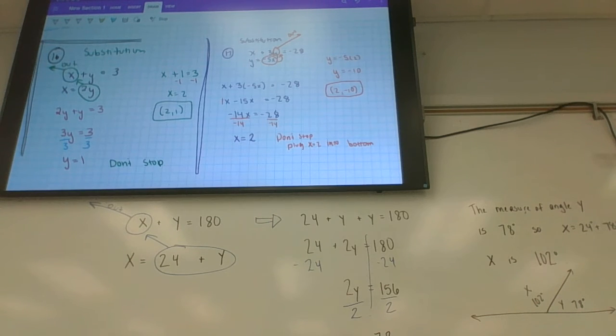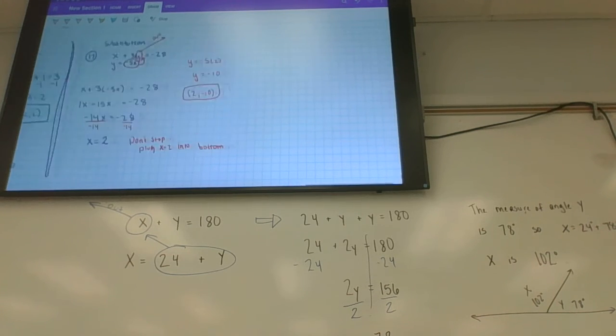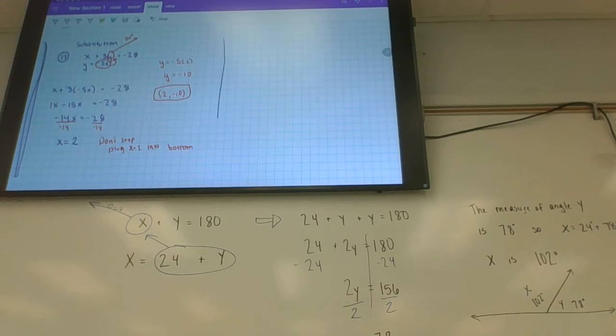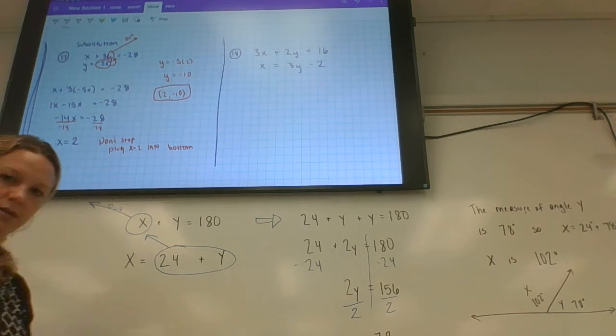Okay, who's supposed to do that? Yeah, 16 through 20. Here I go, number 18. Write it down and try it. Plug in correctly.